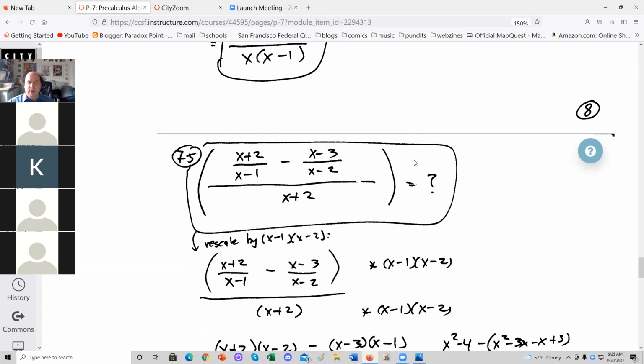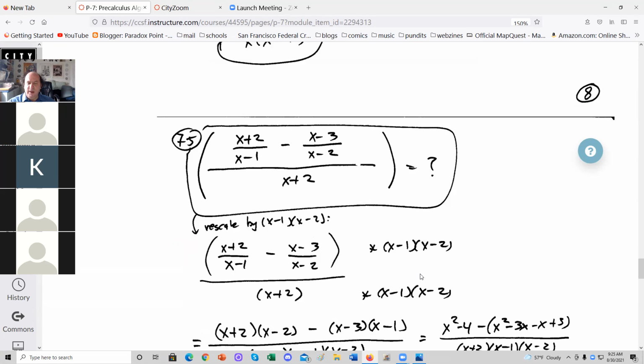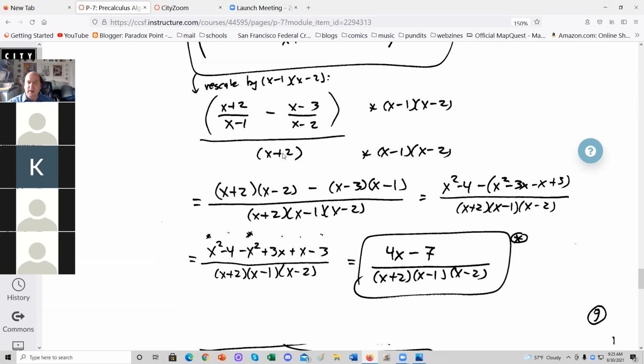Now here we have x plus 2 over x minus 1 minus x minus 3 over x minus 2, all that over x plus 2. Okay, inner denominator is x minus 1, x minus 2, so we multiply above and below by that. And so the denominator is just x plus 2, x minus 1, x minus 2.